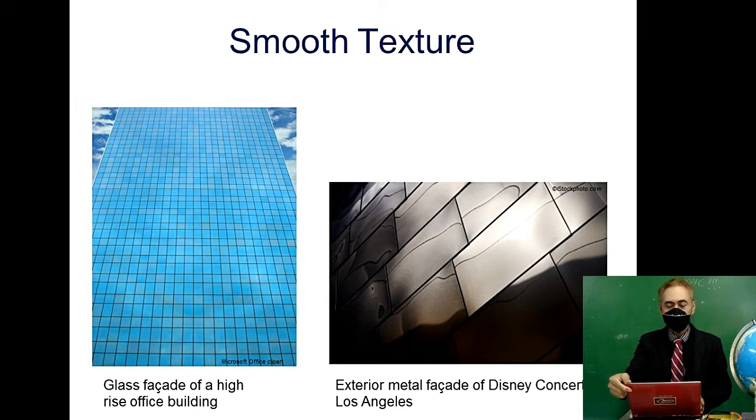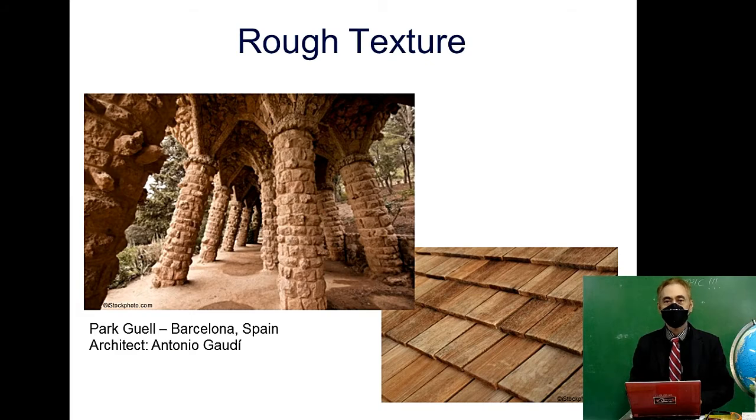A smooth texture, like the glass facade of a high-rise building, is smooth and reflects lots of light. Another is the exterior metal facade of Disney Concert Hall in Los Angeles. While a rough texture like this one absorbs more light and almost doesn't reflect light.